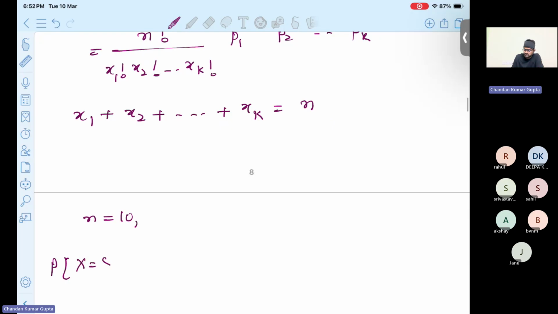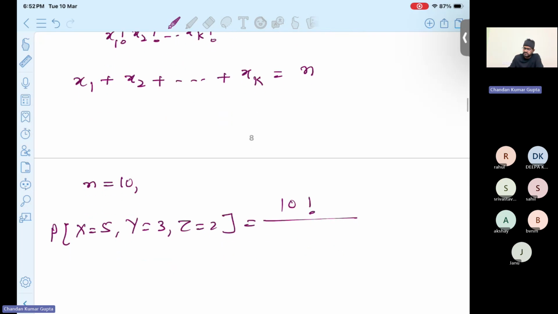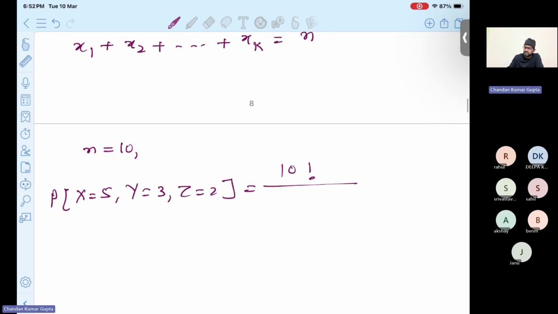The probability of x equal to 5, y equal to 3, z equal to 2 comes out to be 10 factorial over 5 factorial, 3 factorial, 2 factorial.